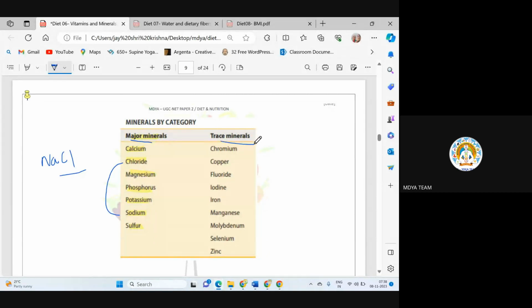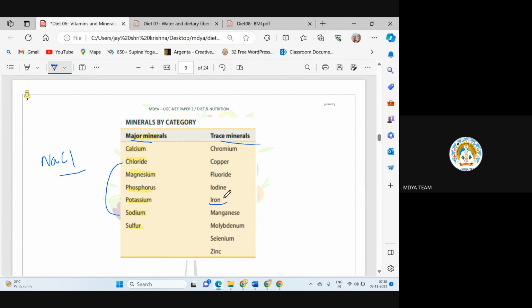Others are trace minerals. Here you can see iron. Iron is a trace mineral. Like we very much heard about this iron, like we have iron deficiency, everyone should take iron. Irrespective of how famous any mineral is, or how famous the deficiency of any mineral is, they can be trace, they can be major.